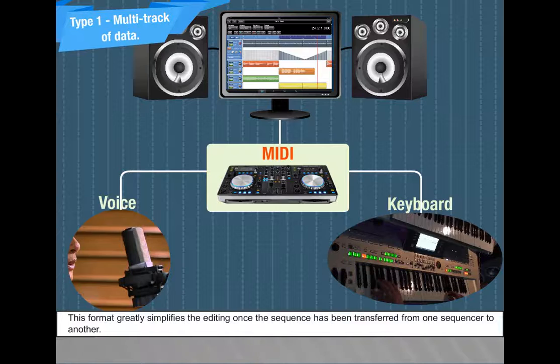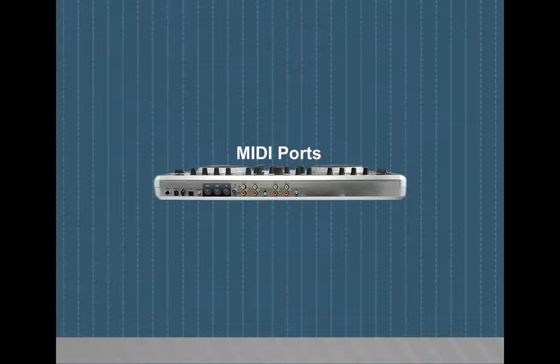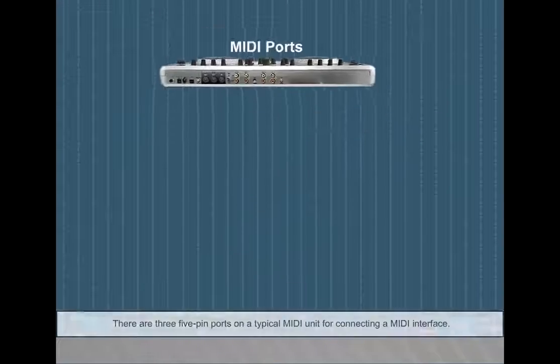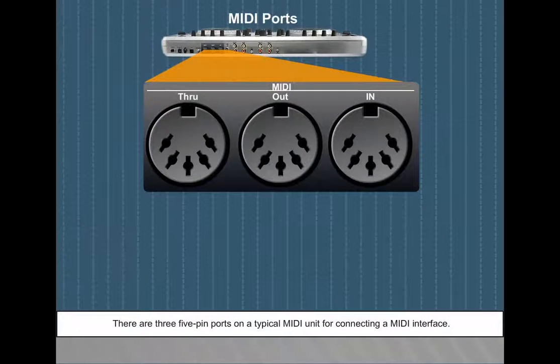This format greatly simplifies the editing once the sequence has been transferred from one sequencer to another. MIDI ports. There are 3 5-pin ports on a typical MIDI unit for connecting a MIDI interface: in, out, through.